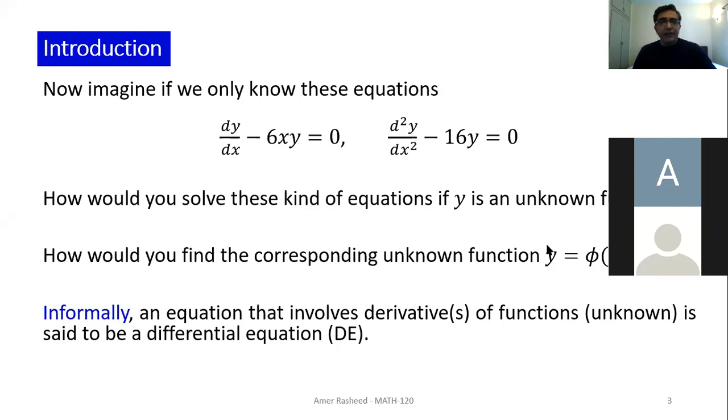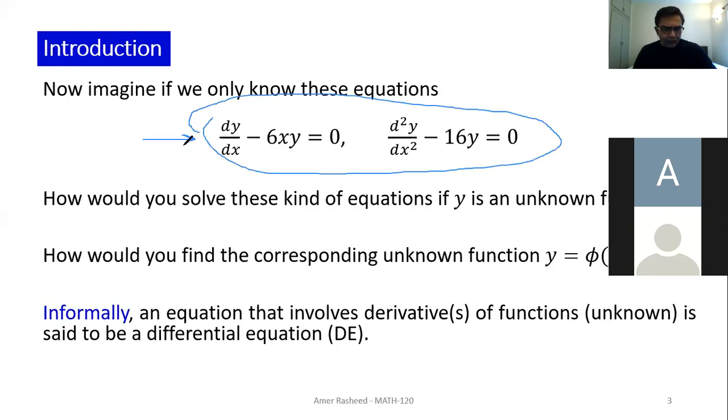So if we are not given any function and we are only given these kinds of equations, for example, this one and this one, what we want from these equations is to find this function y, which is unknown in this differential equation. This function will be called the solution of the differential equation.